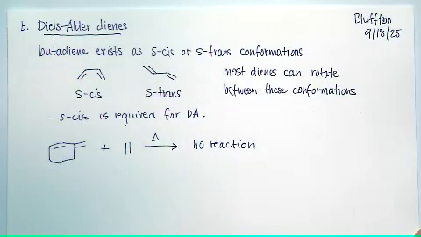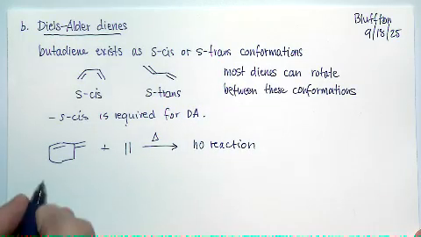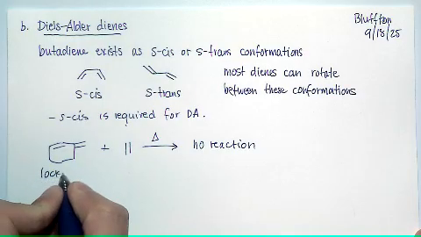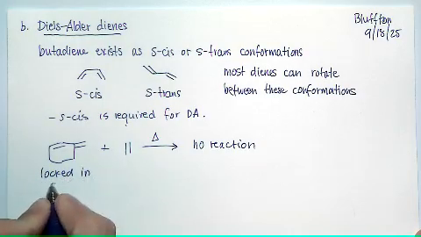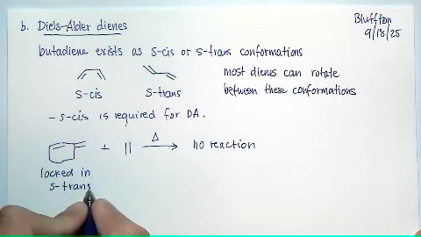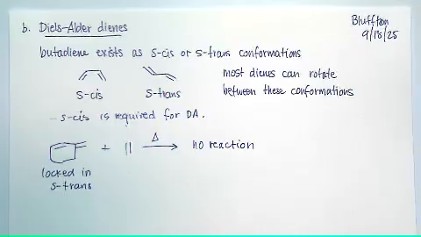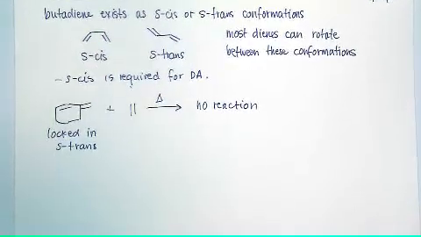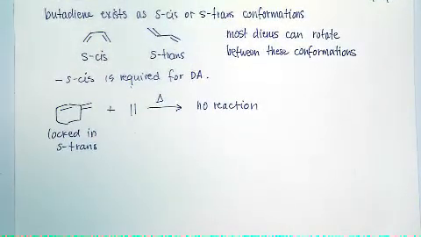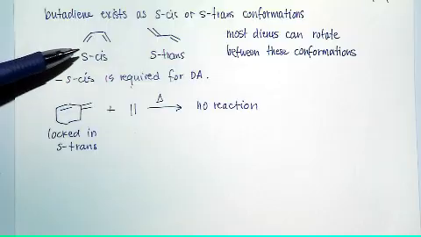The reason for that is this diene is locked in the S-trans conformation. Because it's in a ring, it cannot rotate to get into that S-cis position that it needs to be in order to do the Diels-Alder reaction.